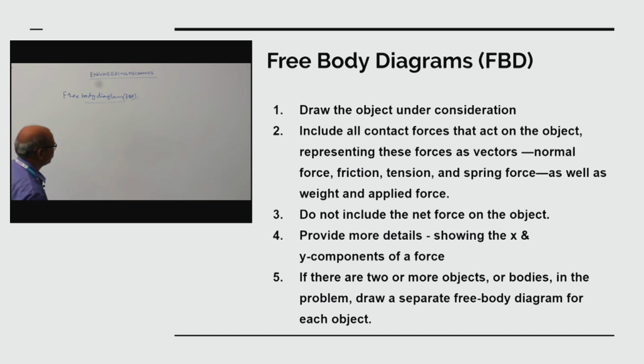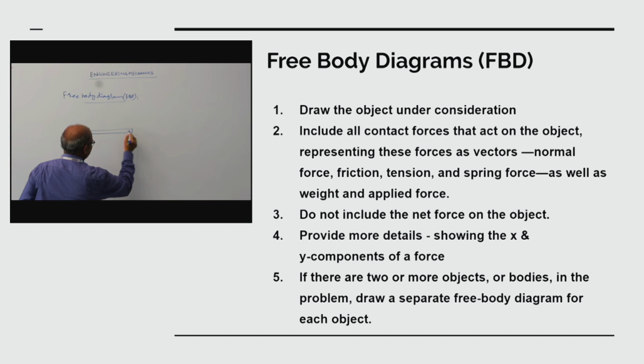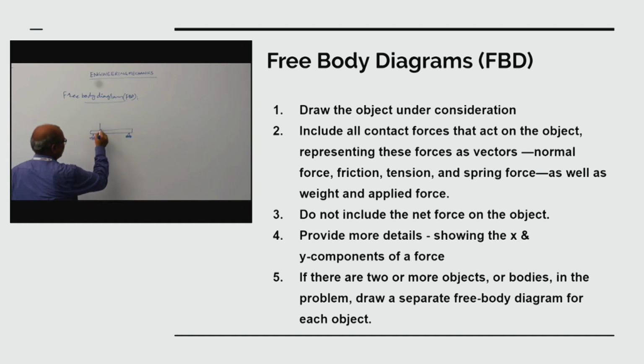Suppose, see, this is a simply supported beam, and this simply supported beam is carrying certain loads like this. To evaluate the resultant of these two forces, or how the beam is stationary, we have to remove these supports, and these supports are replaced by their reactions.